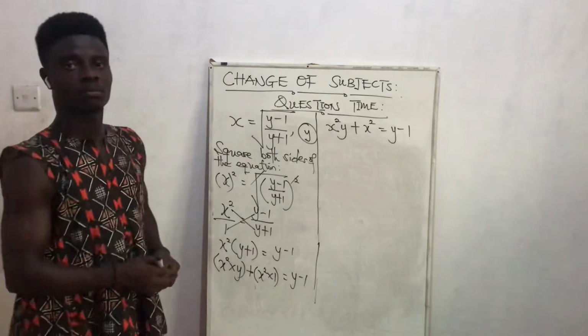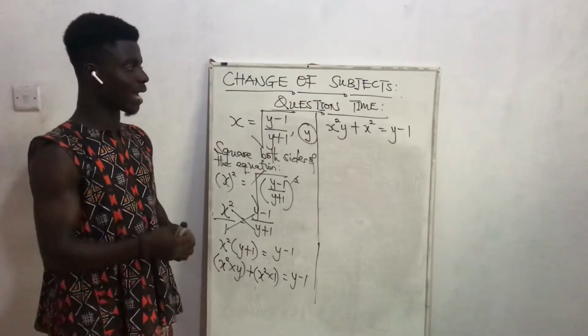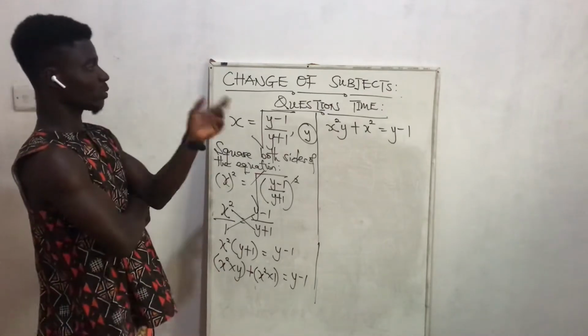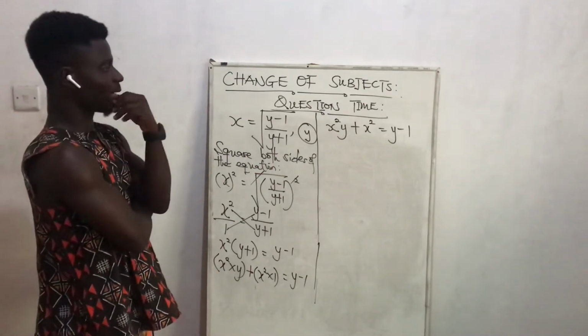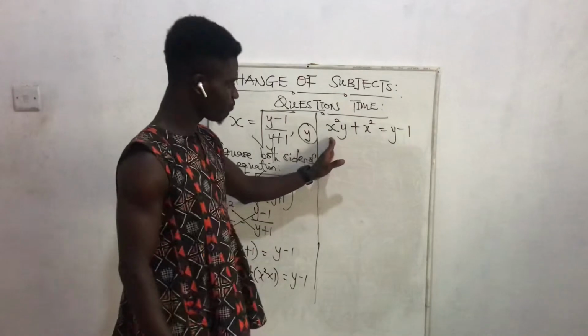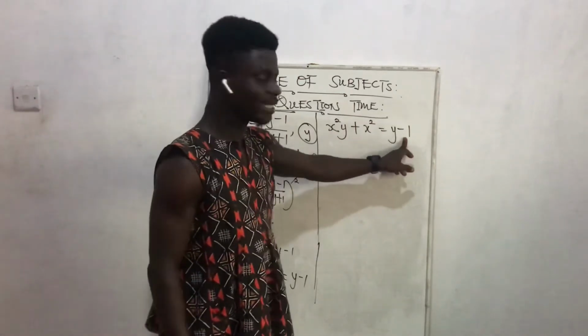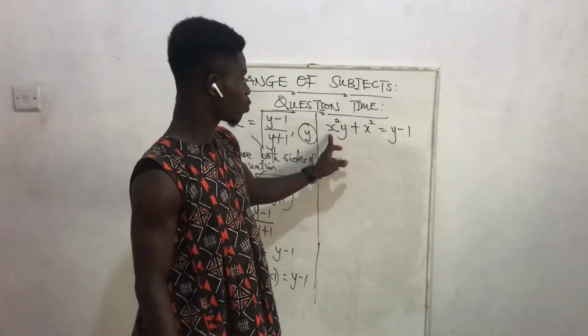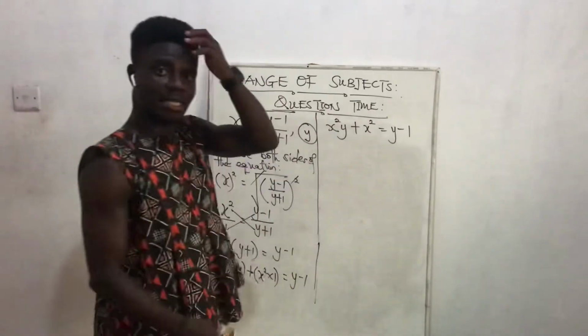Now we want y as the subject. We want y as the subject. Here I can send this negative 1 to the left hand side, then send x squared y to the right hand side.